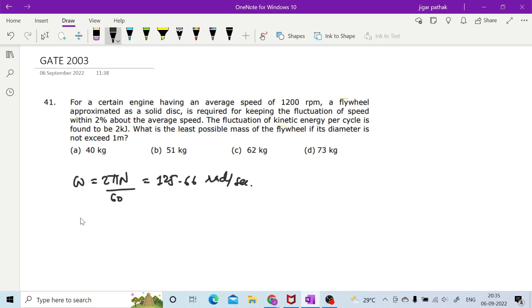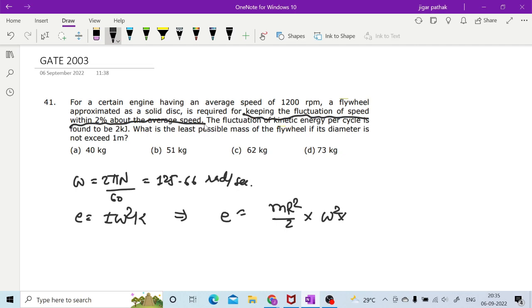Then this delta E or E, as we have seen, is I omega square k. Now here I is mr square by 2, right? Moment of inertia of this flywheel, as it is solid, is given by mr square by 2, into omega square into k. K is mentioned here as keeping the fluctuation of speed within 2% about the average speed.